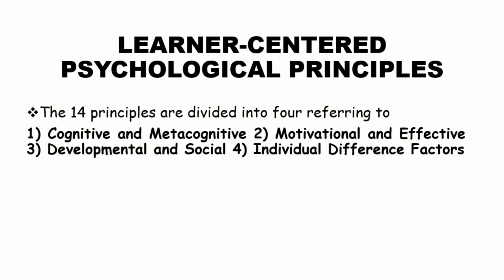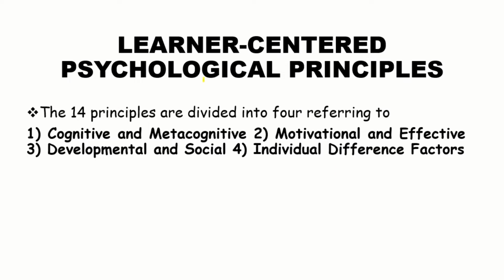The other aspect of these 14 principles is that they are intended to deal holistically with learners in the context of real-world learning situations. They are best understood as an organized set of principles. No principle should be viewed in isolation.